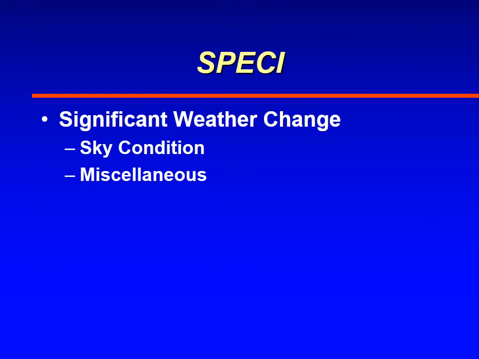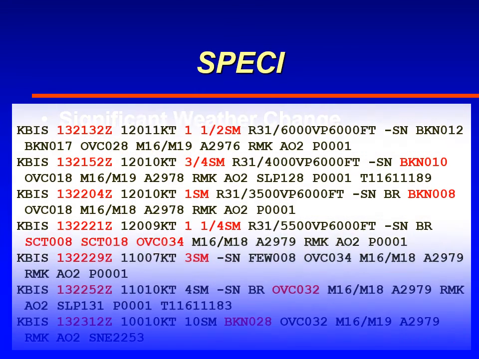And then the last two are if there's a significant change in the sky condition, and then also there are other miscellaneous criteria for specials. The ones you need to know, though, are the ceiling and visibility. The reason for that is because certain types of flight rules apply when the ceiling goes above certain values or below certain values, and also the same with visibility.